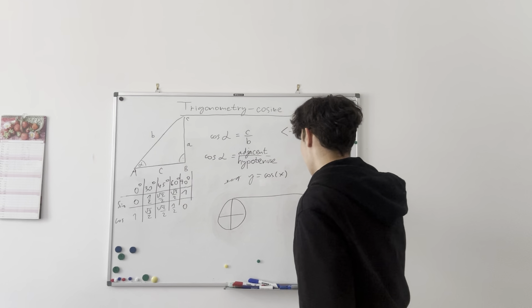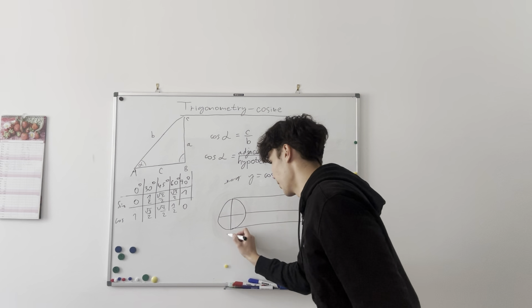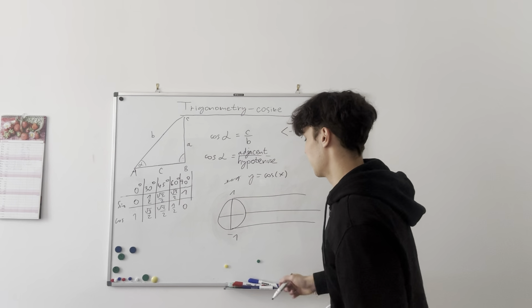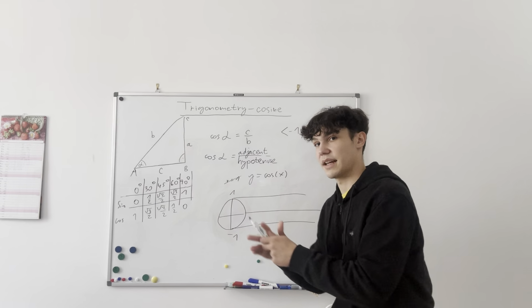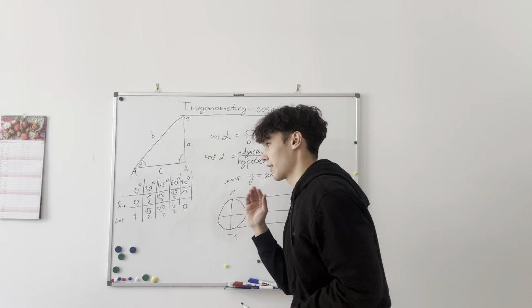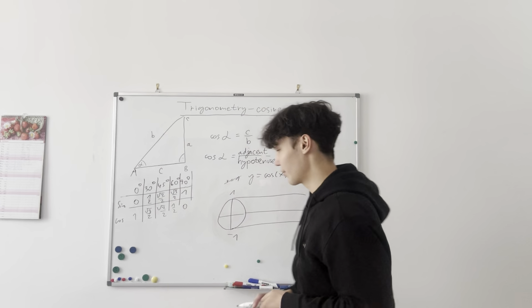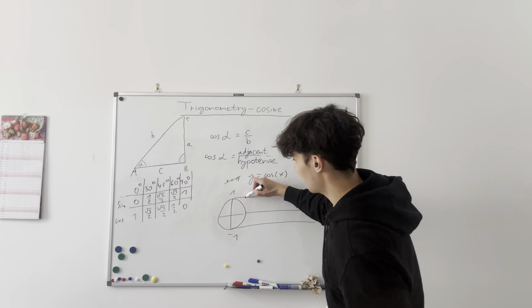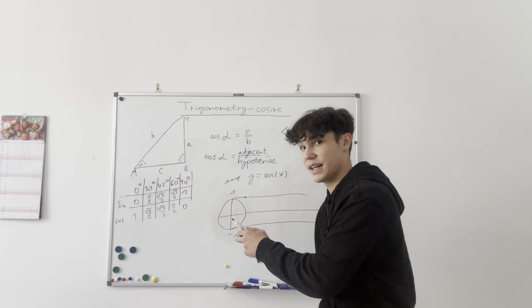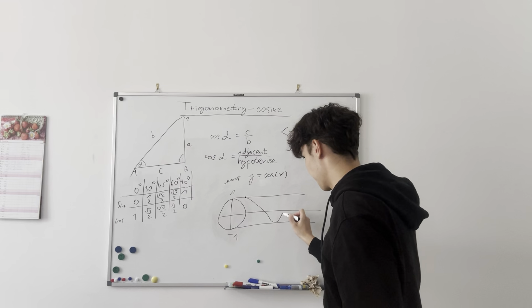It's going to look like a function that starts at the top, because we know that for 0 degrees it gives us 1, so we start at the top, and as we go on, we go down. So the function looks like this.